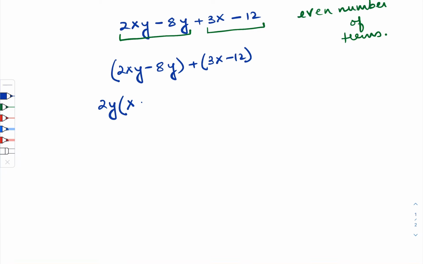If I pull 2y out of 8y, I'm left with 4. Now the second two terms: the only thing common is the 3. If I pull 3 out, I'm left with x, and if I take 12 and divide it by 3, I get 4. So I write the 3, and then x minus 4 in parentheses.